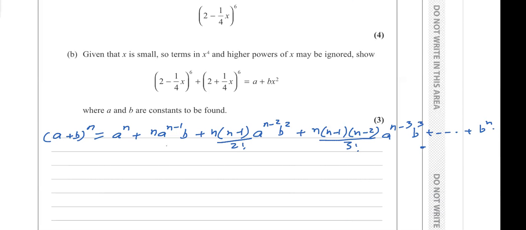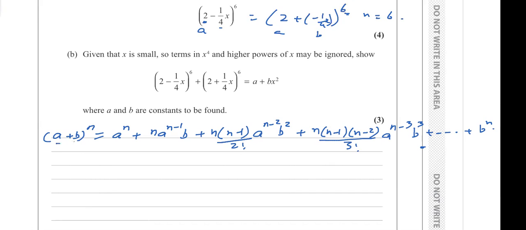So let's write. What is a in this case? This is a and this is b. I can write a as 2 and b as minus 1 over 4 x, to the power 6. Just replace the values of a and b here. And n is equal to 6.